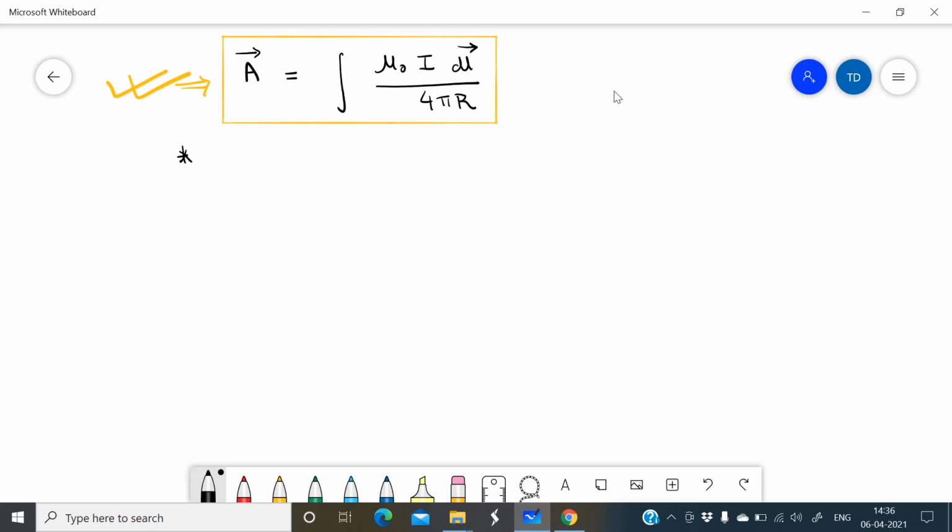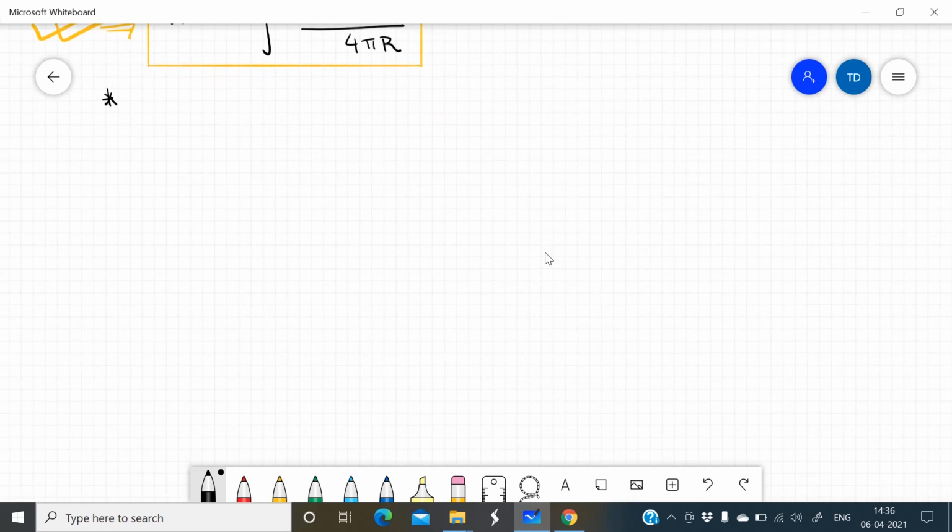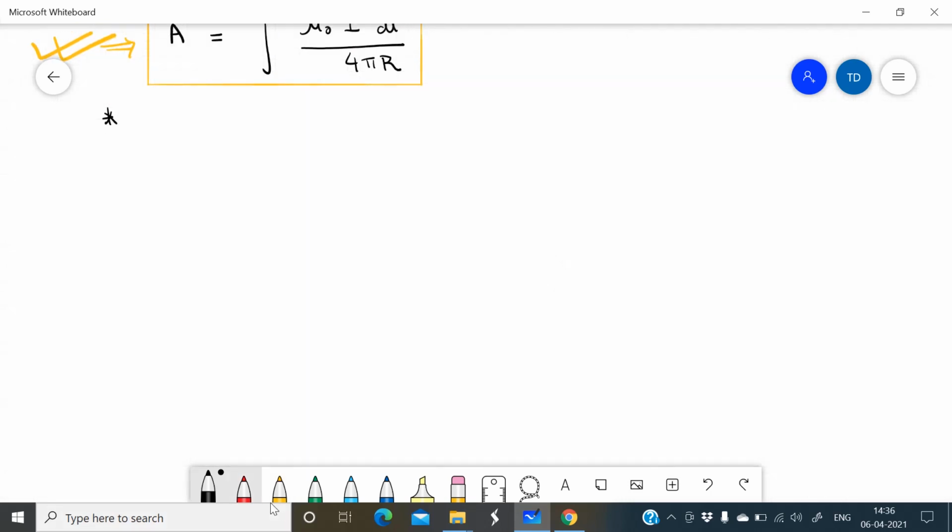We assume one wire, one filament, and some current I passing through the filament. Now I take a differential element dl, which is the length of the differential element, and as we know, length is a vector quantity.